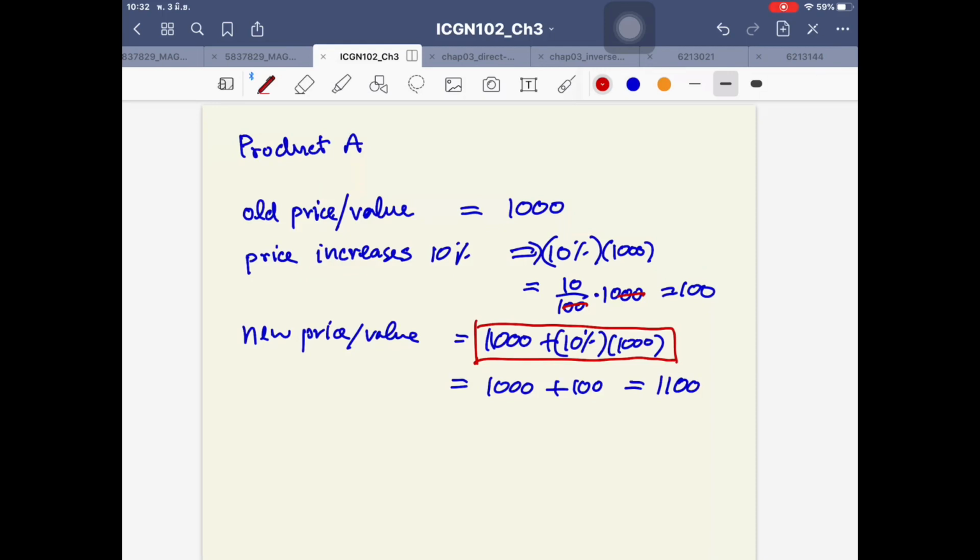Here we assume that 1,000 is the old price or the old value. So now you can get the term like this. New value is equal to 1,000 plus 1,000 times 10%. Since 1,000 is a common factor in the two terms, you can take out the term 1,000, which is the old value.